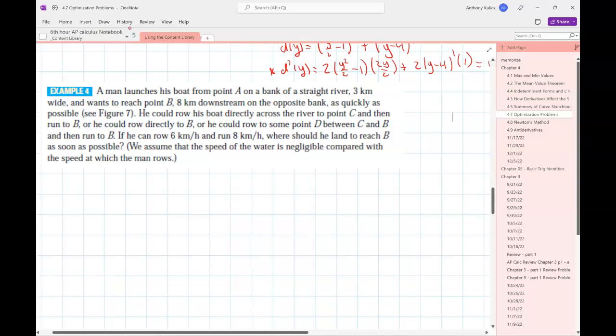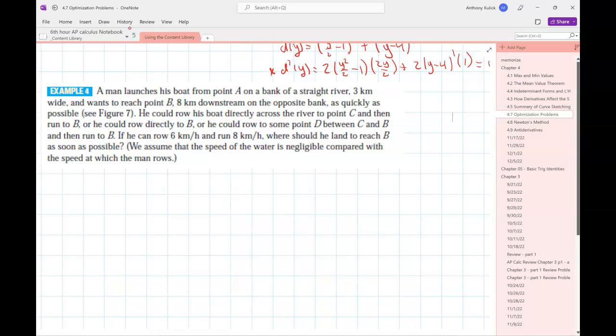Example 4. A man launches his boat from point A on a bank of a straight river 3 kilometers wide and wants to reach point B 8 kilometers downstream on the opposite bank as quickly as possible.